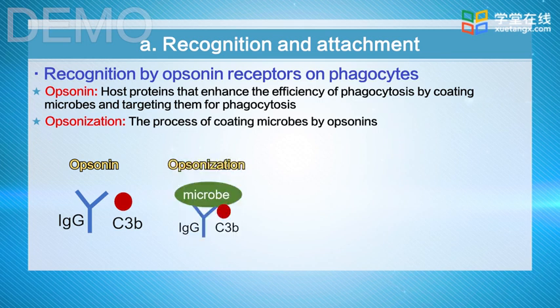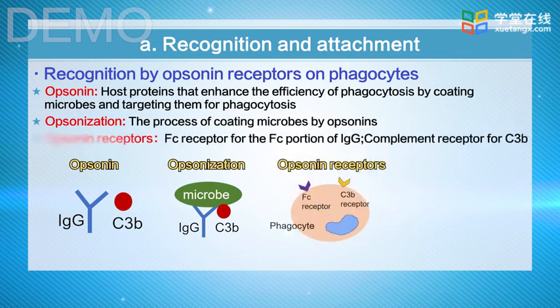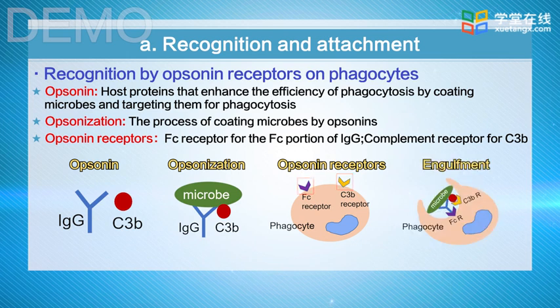This picture shows this microbe has been coated by IgG and C3b. Phagocytes express receptors for opsonins, such as the Fc receptor for IgG, complement receptor for C3b, and C1q for the plasma lectin. Recognition and binding of opsonized microbes facilitate their rapid phagocytosis.